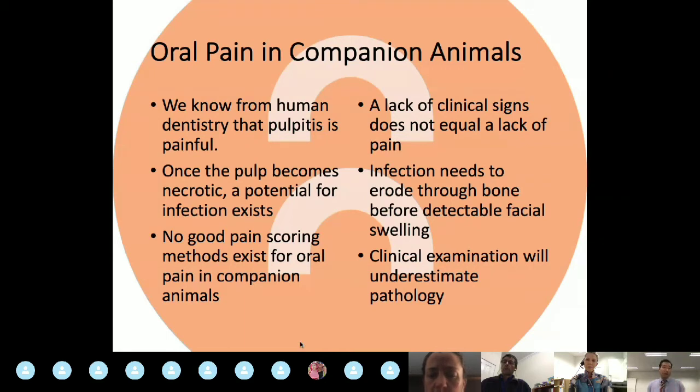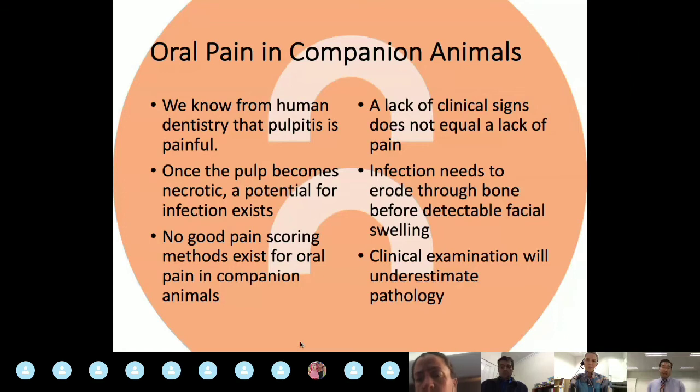Companion animals also tend to hide their oral pain really, really well. They don't tend to limp on their mouths, is what I usually tell my clients. And a lack of clinical signs does not necessarily equate to a lack of pain. The reason for that is because we know that the physiology and nociception is very similar in companion animals when compared with people.